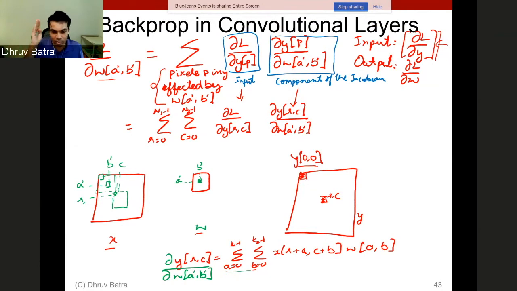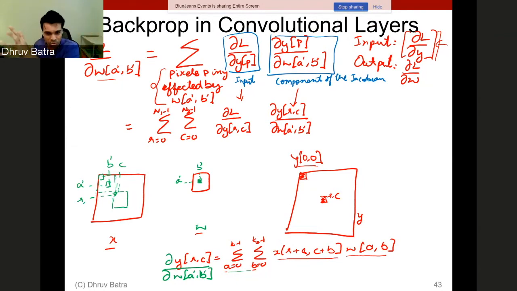So this is an expression that is going over values of a and b. At some point it will hit a prime and b prime. That's the only thing that depends on w a prime b prime, and so we will just pull out that multiplier. Everything else in this summation does not depend on w a prime b prime. And if you're having difficulty, just think about this in your head. Think about a prime b prime being something like 0, 0. What is w0, 0? There's this summation happening, so one of those terms is w0, 0.